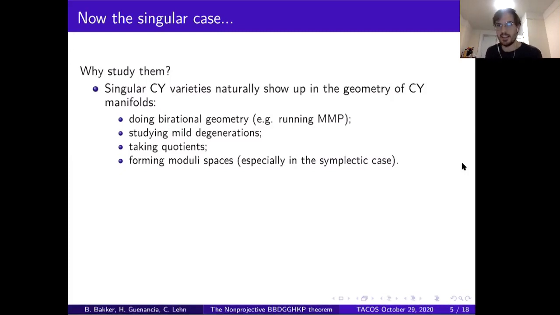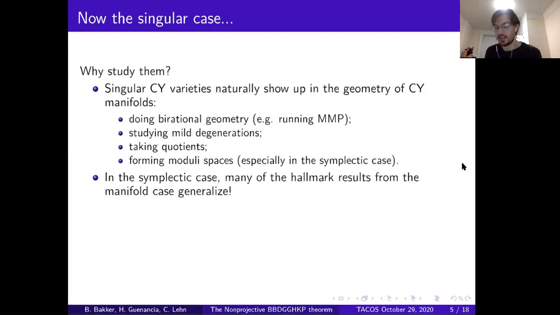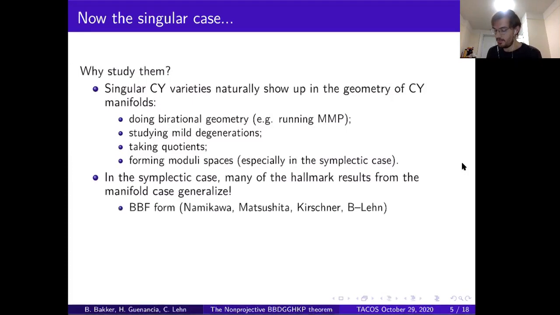Second reason is that, at least in the symplectic case, the theory of singular symplectic varieties is basically as nice as the smooth case. In fact, many of the hallmark results from the manifold case generalize almost exactly to the singular case. So for instance, we have this extra piece of structure on the second cohomology in the case of singular symplectic varieties, namely the Beauville-Bogomolov-Fujiki form.